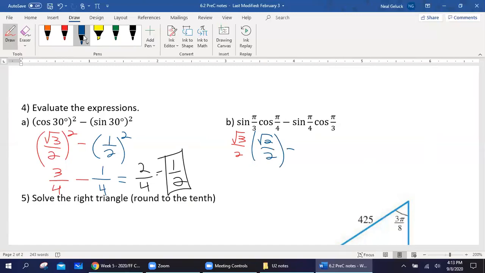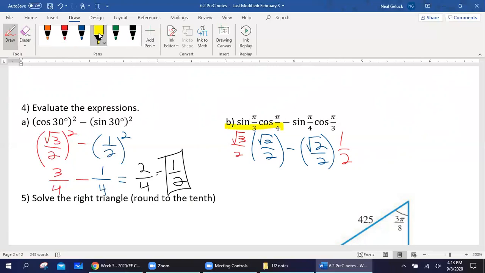The sine of pi over 4 is also root 2 over 2. And the cosine of pi over 3, which is a 60-degree angle, is 1/2. Again, this looks like a weird expression, but this is going to come up later. That's why we're doing it.